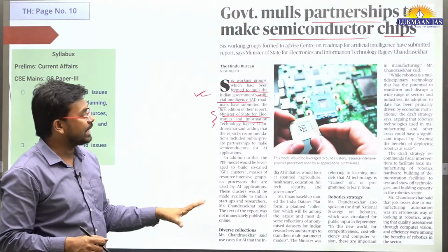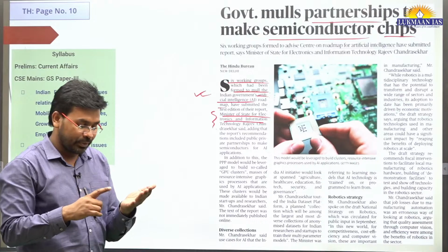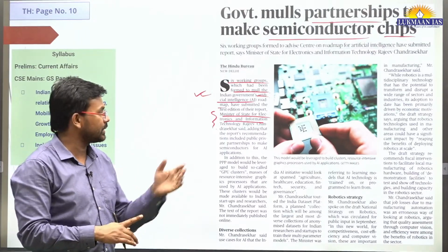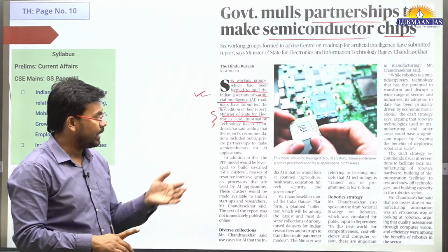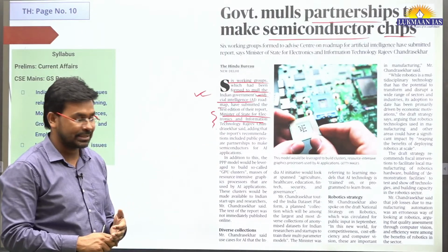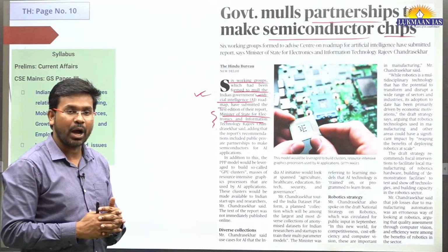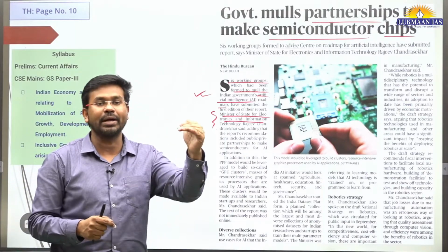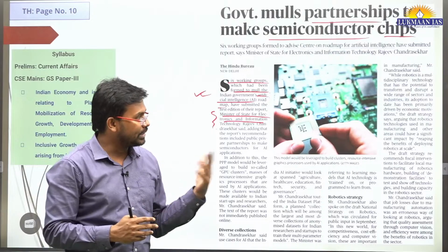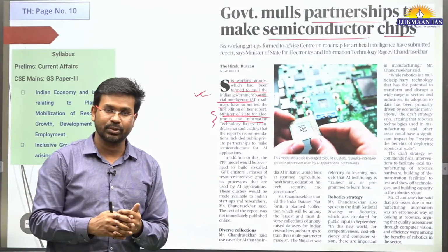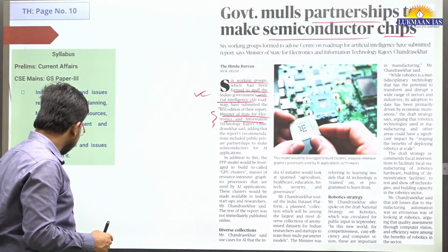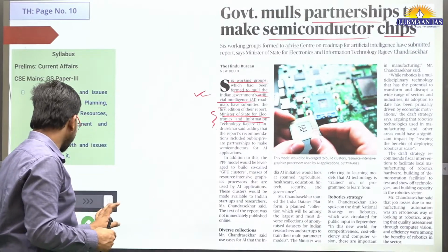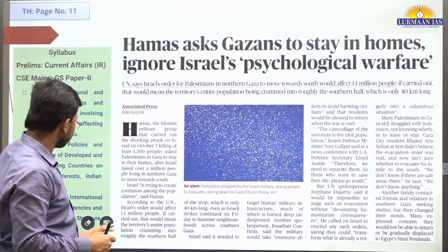They have talked about how artificial intelligence, chip manufacturing, robotics and other sectors will be set up in India, and how they will bring India further economic growth. Having understood this, let us move to another topic quickly.